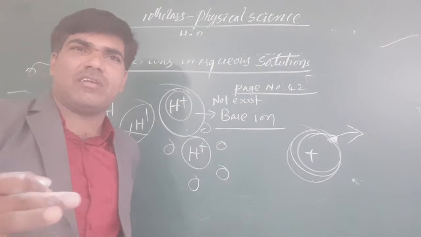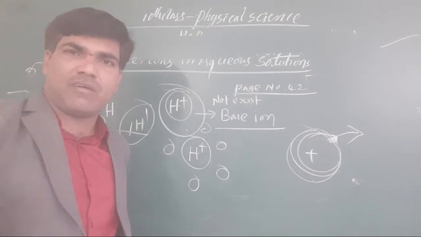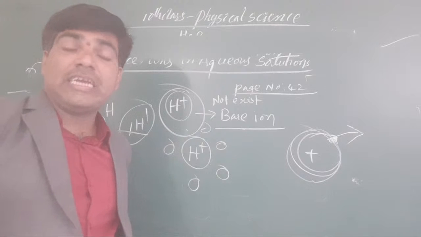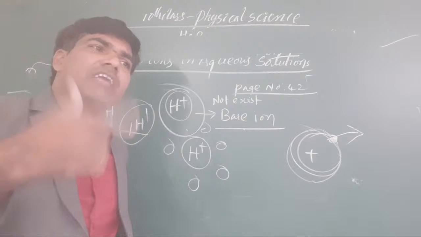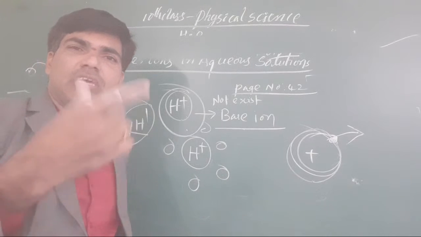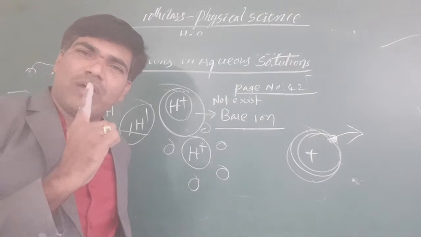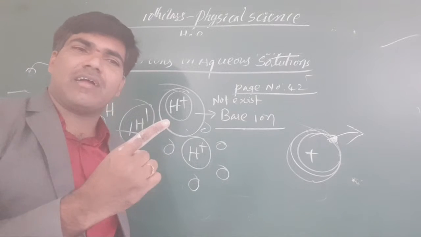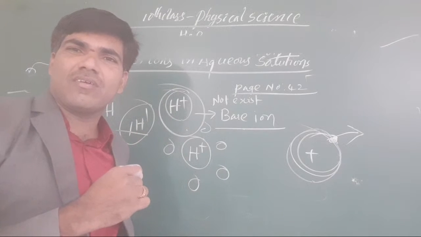Every time, whenever another element comes nearby the hydrogen, it is ready to give the electron. But after being ready to give the electron, again it is thinking, I contain only one electron. In case I give that electron to another atom, then how can I exist?